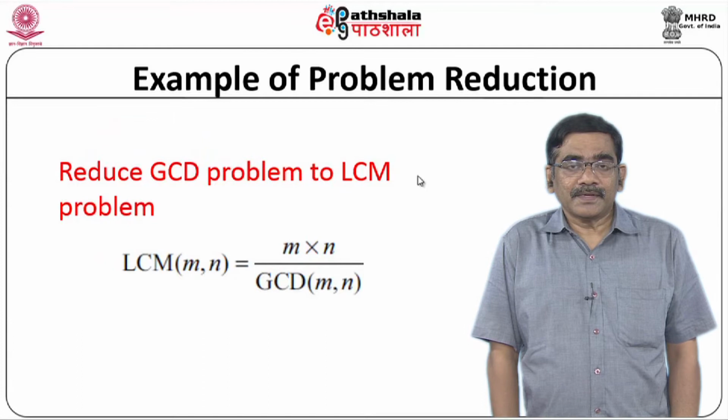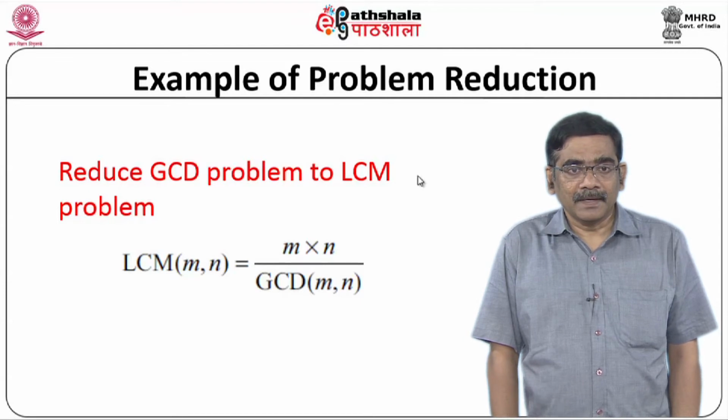Similarly, sometimes we may not have algorithm for one particular problem. In that case, we can change the problem to some other problem for which we have an algorithm. For example, you consider the problem of let us say LCM.